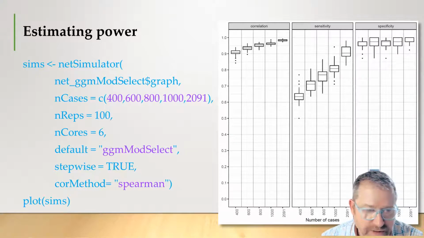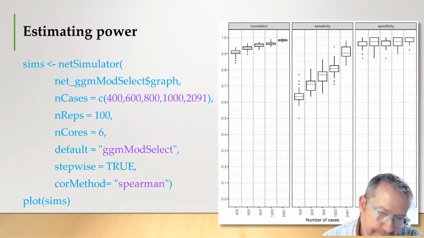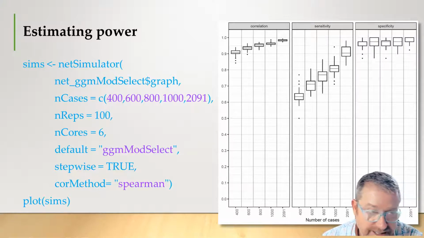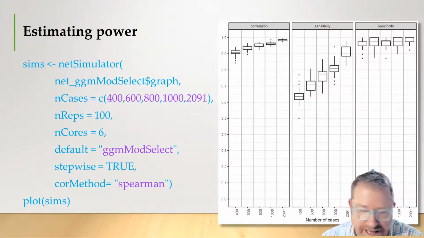I asked it to do 100 repetitions of each of these sample sizes, and that it should use the GGM model select, because that's what I had used, stepwise equals true again, and the core method spearman. And when I plot those sims, I get these plots.